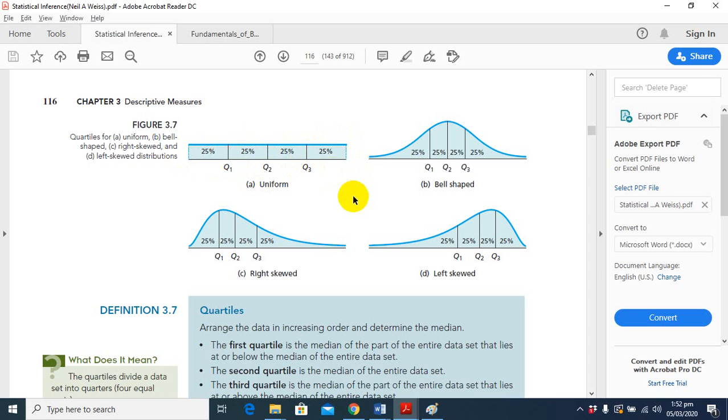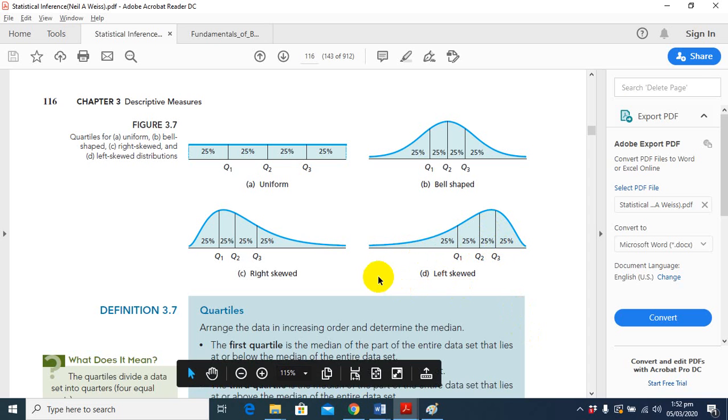Here four different figures are shown: the uniform distribution having equal frequency throughout the data set, a bell-shaped curve which is symmetrical, a right skewed distribution which is asymmetrical, and similarly a left skewed distribution which is again asymmetrical.